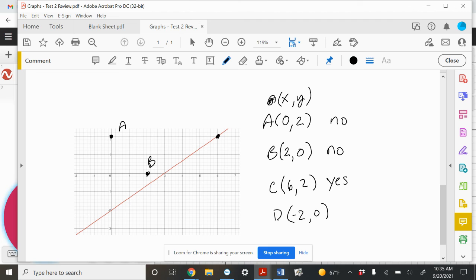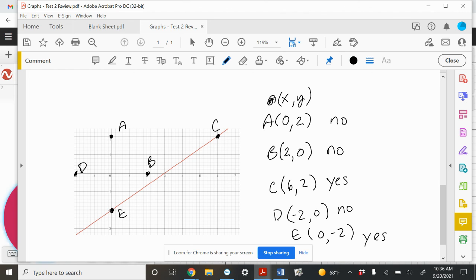So remember, x always comes first. So negative 2 would be over here and 0. So this would be point D all the way over there. So, of course, that's a no. And then last but not least is point E, 0, negative 2. And so here's 0 in the x direction going this way. And negative 2 would be down 2. So that would be point E, and that would be yes.